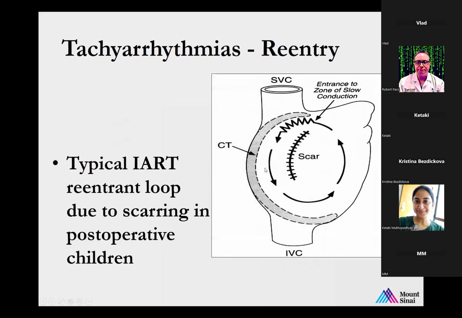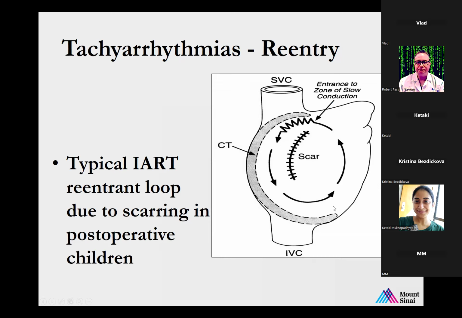When a patient has IART, the reentrant loop is exactly the same as what we just discussed, except the reason you have reentry is that there's a scar creating an anatomical barrier. Essentially the limbs of the reentry are on either side of the scar. And typically, because you're a Fontan patient, there can be a lot of differences in refractory periods around an atrium.